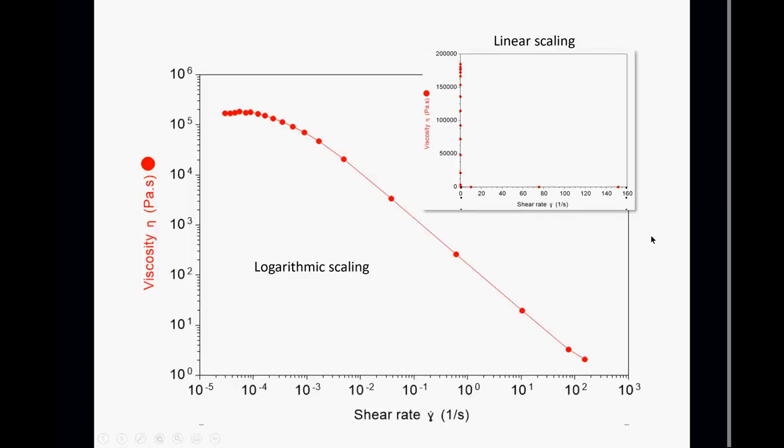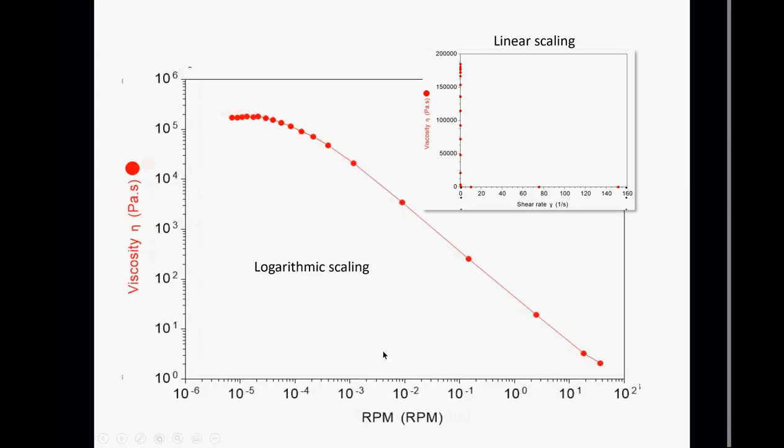If we replot that on a logarithmic scaling, we get a completely different picture. And just to add a bit of perspective, I'm going to replot it further, with RPM. This is the RPM that the rheometer is working at when we took these measurements.